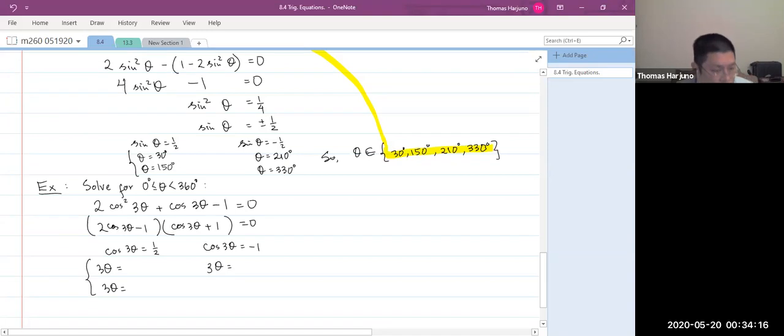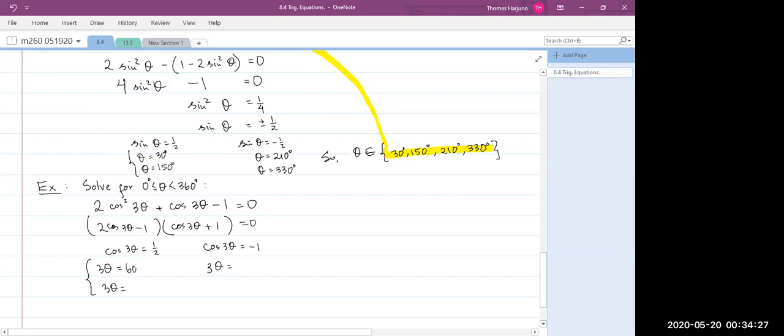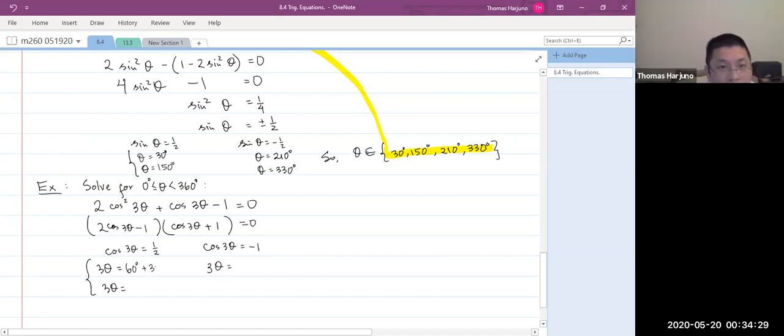Cosine 3 theta equals 1/2, then 3 theta equals, in degrees, 60 degrees plus 360 degrees K, okay?